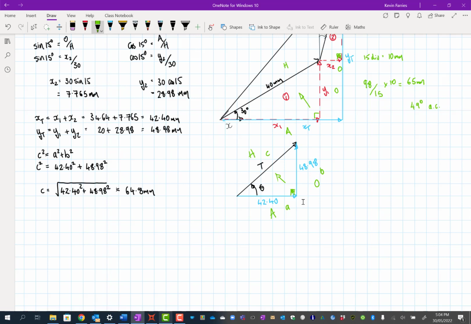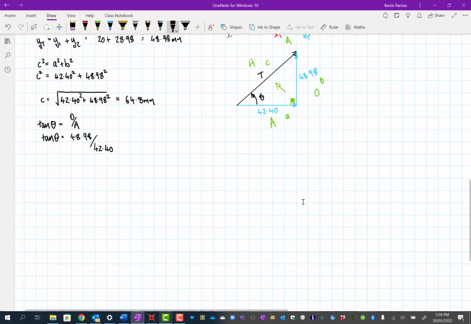So tan theta is equal to TOA, opposite over adjacent. So tan theta is equal to opposite 48.98 divided by 42.40.